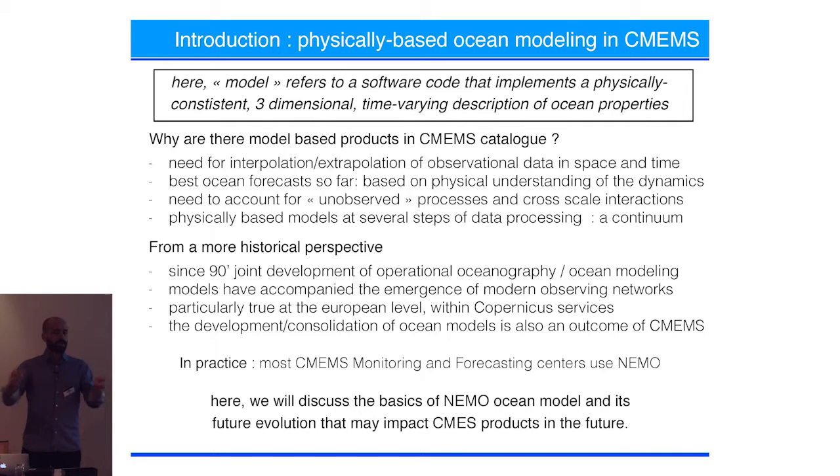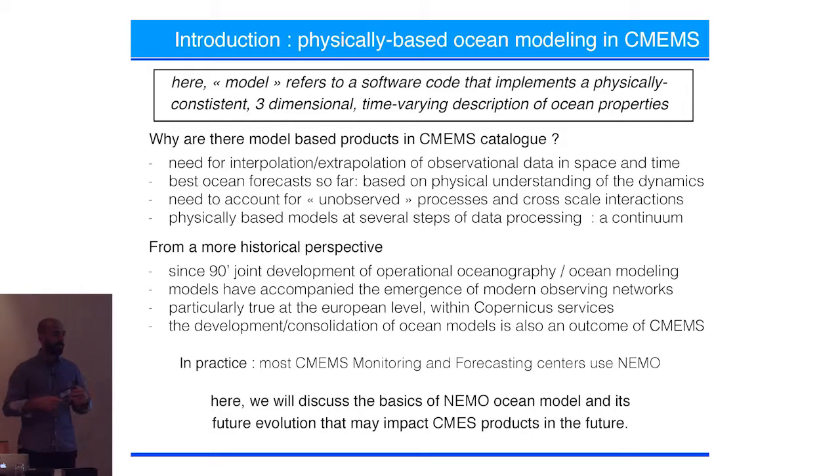I mean, it goes in both directions, but basically at the same time we got this fantastic observation network we have now with Argo, altimetry, etc., we also built up the models that can ingest this information. That's particularly true at the European level, where we had this fantastic coordination of institutions. So that's a really nice story that happened over the last 20 years.